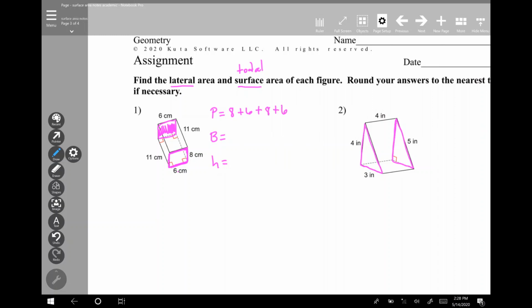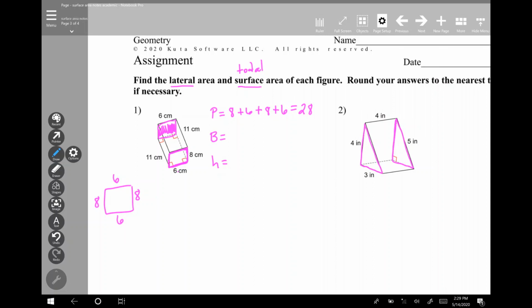All I did was go around to the 4 sides. Okay? Because remember, if you have a rectangle, you have two sides that are the same for each kind. So go through and you add those up. So 8 plus 6 plus 8 plus 6, and you will get 28. Alright, that's the perimeter of the base.